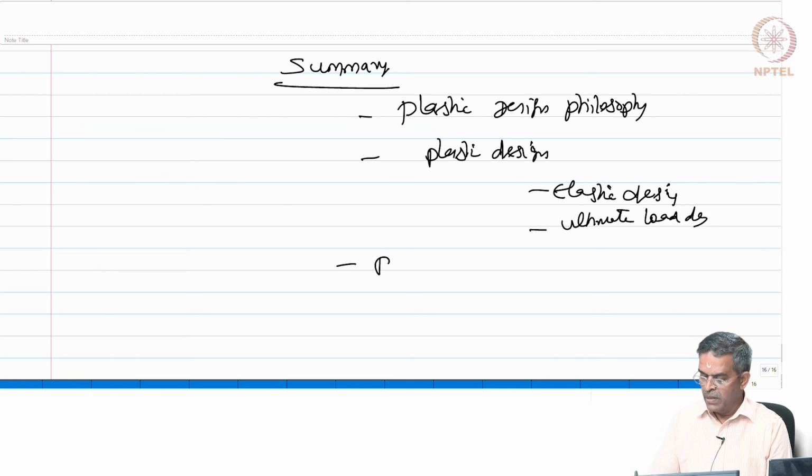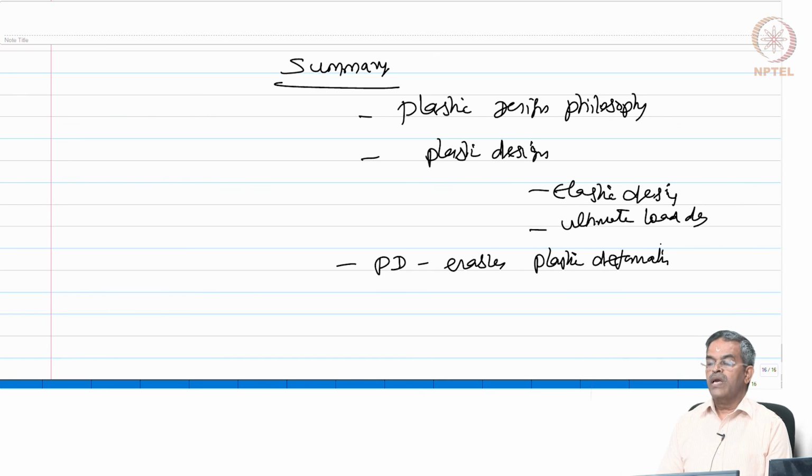We learned that plastic design enables plastic deformation, that is why the name plastic has come. Okay? The freedom is in the x axis, it is not in the y axis.